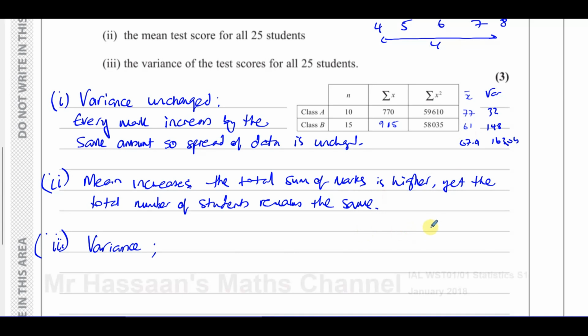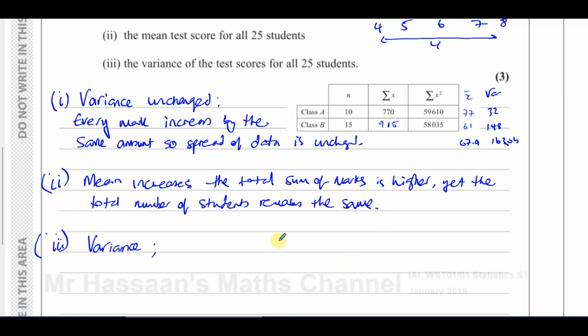So if the overall mean increases, the distance between the values of class B and that mean will increase. The distance between class A and that mean will also change, but as they will also increase, it won't make such a big difference. But for B, they remain exactly as they are.